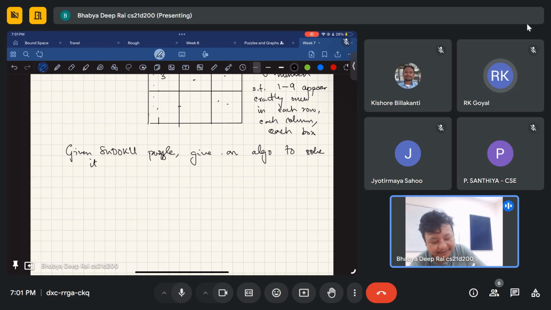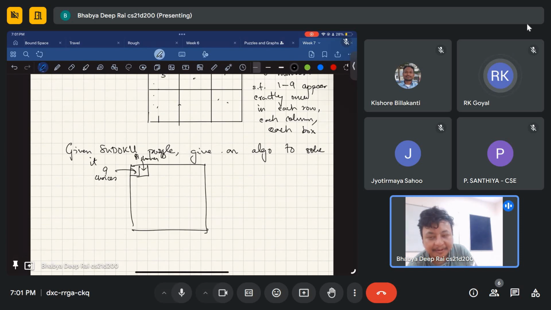If you do this, then I can always do this. There are 9 choices for the first box, and for the second box there are 9 choices, or you can say 8 choices if you want to do a little bit better. Then for the next box there are again, and so on. But let me give a simple bound. So 9 choices, 9 choices. I just go across all possible.